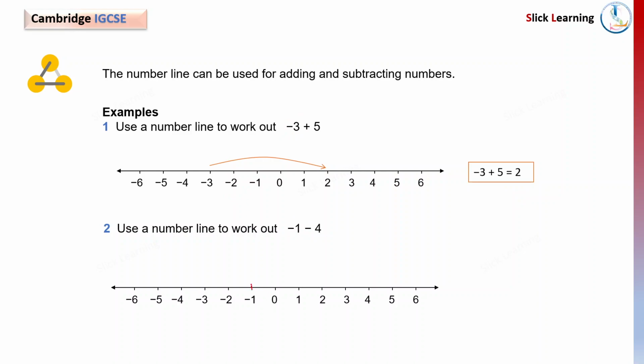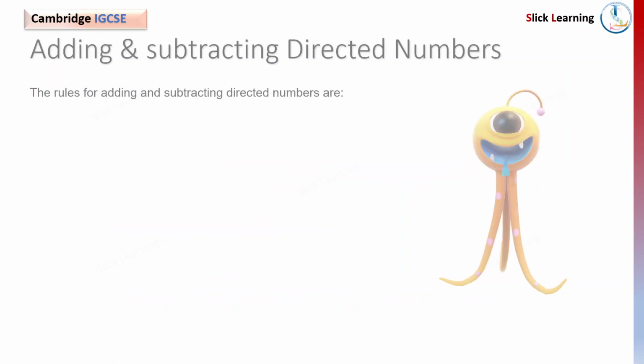Right now we are at minus 1, then 1, 2, 3 and 4. So finally, after moving 4 steps towards the left, we reached minus 5. So we can say easily with the help of the number line, the result is minus 5. Let's move on to the next example.